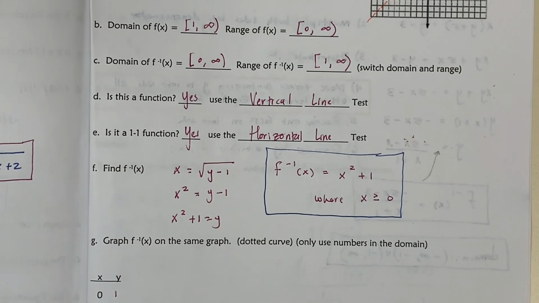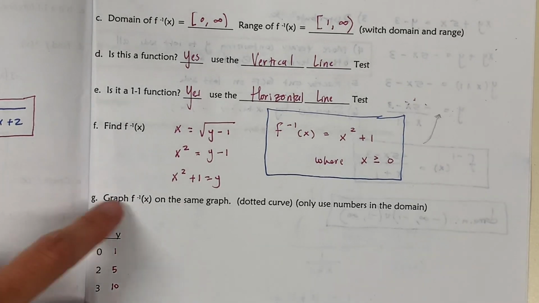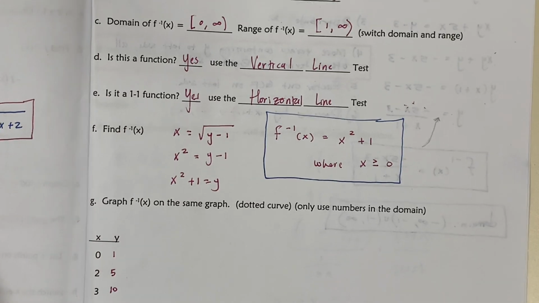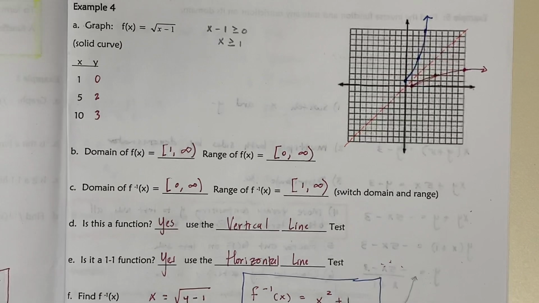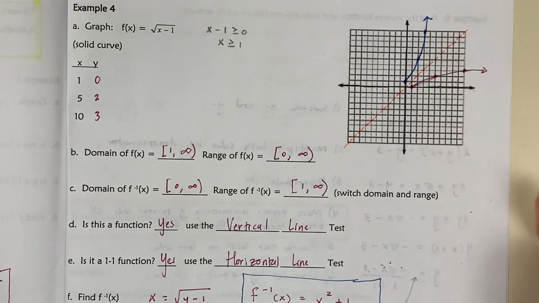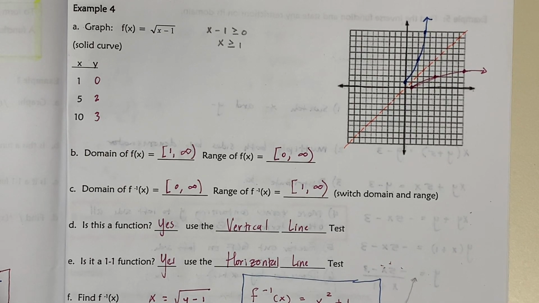Now to find values to plot, again, I would just take the table of values from letter A, switch the x and the y. So I have the ordered pairs (0, 1), (2, 5), and (3, 10). And notice if you plot those points, you have your inverse function that reflects across the line y equals x.